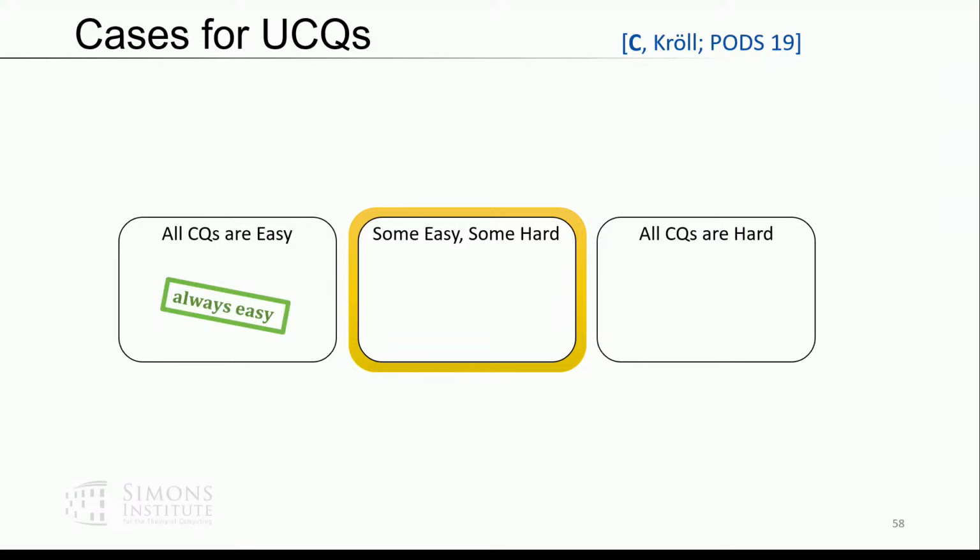And it was actually thought before that if this union is non-redundant, then a union that contains a hard query is always hard. But this turned out to be wrong, and this union can sometimes be hard, but sometimes be easy. So this was quite surprising when we found this out.